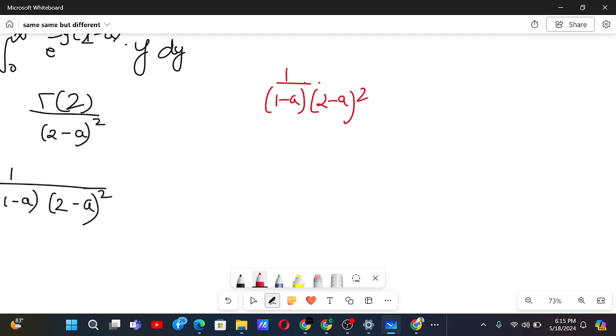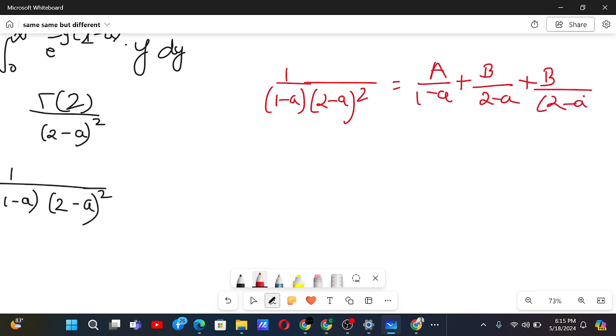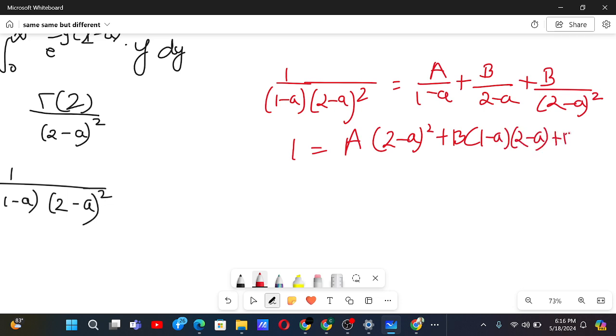We know that 1 over (1 minus a)(2 minus a) squared will break down into A by 1 minus a plus B by 2 minus a plus C by 2 minus a squared. This gives 1 equals A times (2 minus a) squared plus B times (1 minus a)(2 minus a) plus C times (1 minus a).